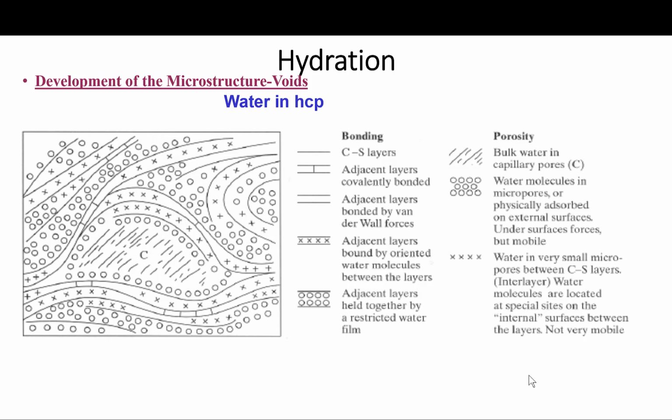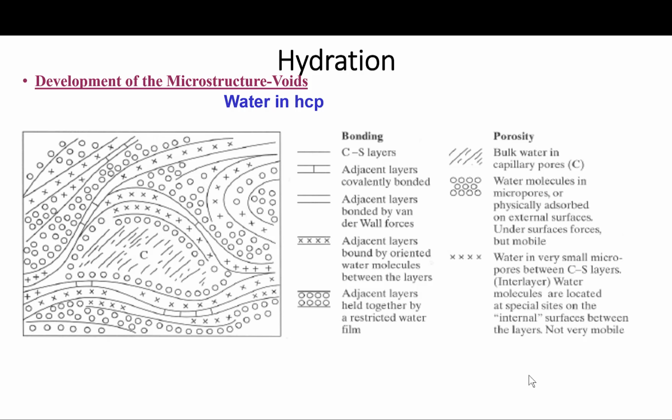As there is a continuous loss of water from a saturated cement paste when the relative humidity of the environment is reduced, as we mentioned just a bit ago, the dividing line between the different states of water is not rigid, and there could be some arbitrary interpretations.